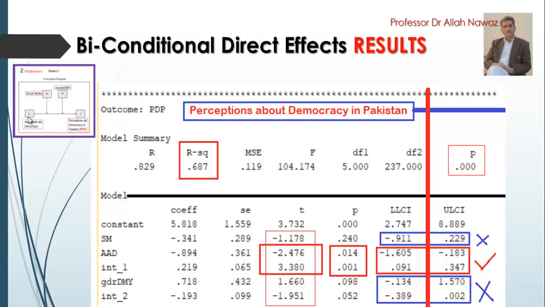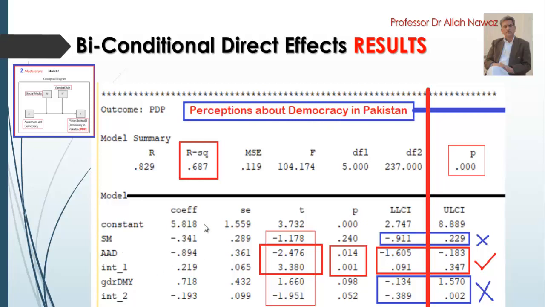It means that X, W, and M and their two interaction terms are predicting the perceptions about democracy in Pakistan. Every moderator is multiplied with the X variable to compute the interaction terms. So since there are two moderators, two interaction terms have been computed by the process model, and they are now being used as the predictors of the Y variable, the dependent variable, in our case perceptions about democracy in Pakistan.